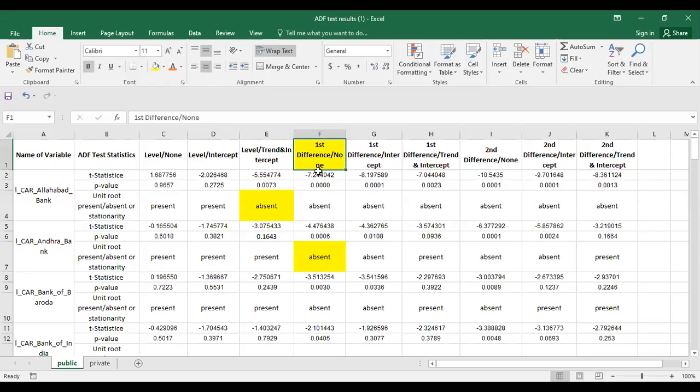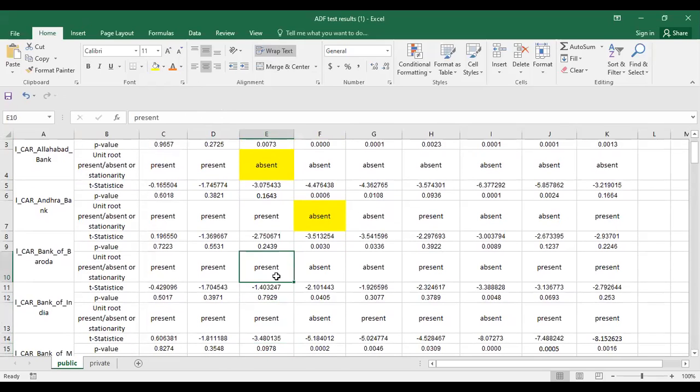So if we see for Bank of Baroda, it is again absent only in the first difference. Right now we are not having any first difference series.